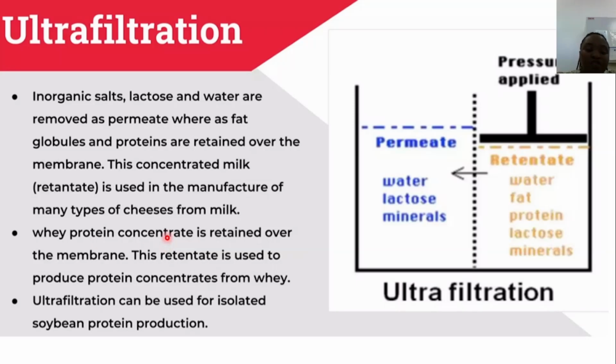Whey protein concentrate is also retained over the membrane, and this retentate is used to produce the concentrations of protein, which we call whey. So ultrafiltration can be used for isolated soybean protein production. You can see this illustration: you apply pressure, we have the retentate, then we have what goes through as the permeate. That's ultrafiltration.